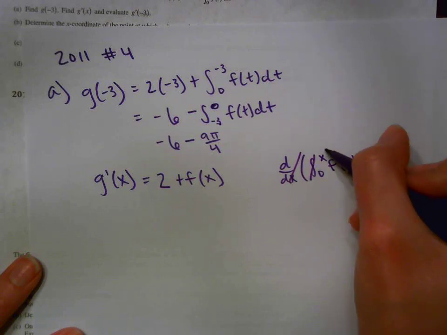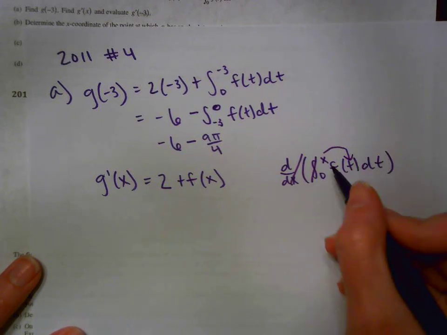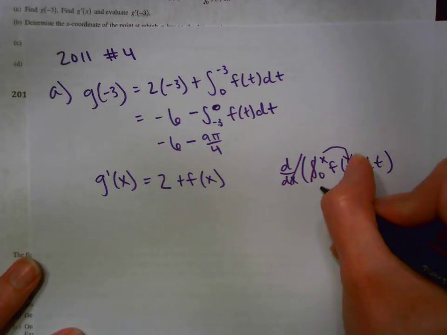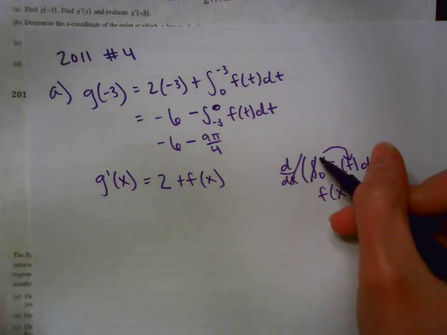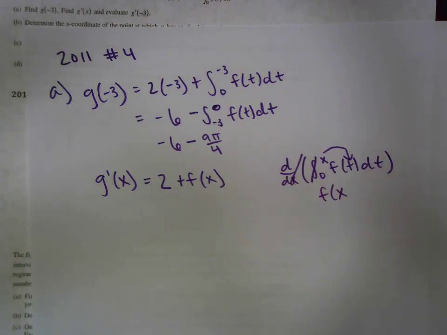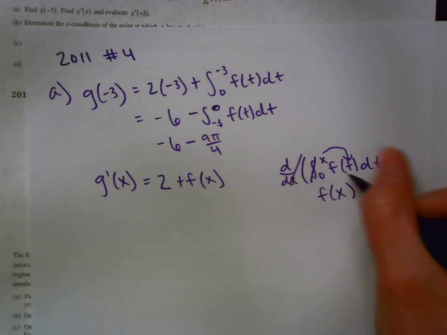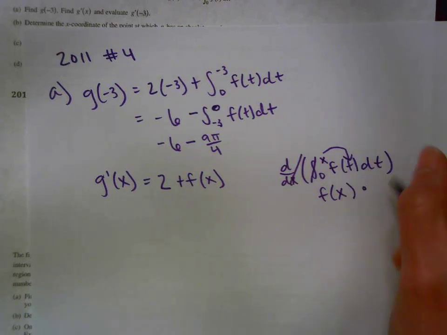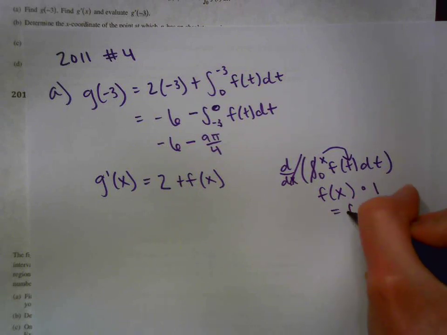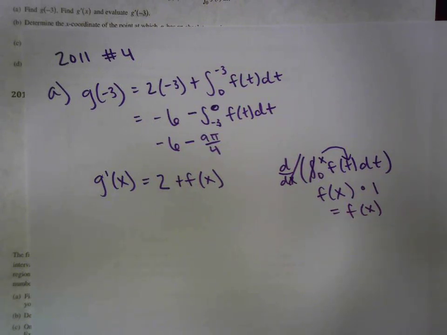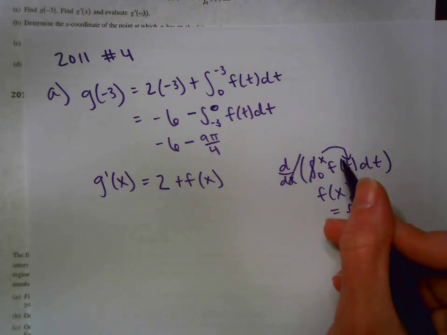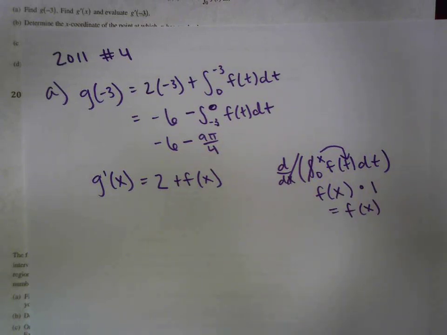That would cancel out, and then you plug in your b boundary. So it's just f of x, and then technically times the derivative of what you plugged in, but that would just be 1, so it's just f of x.